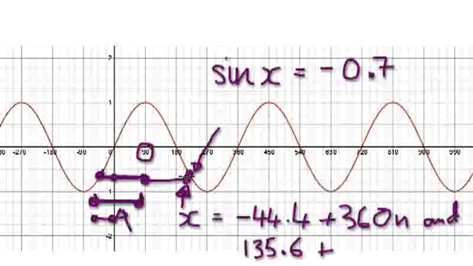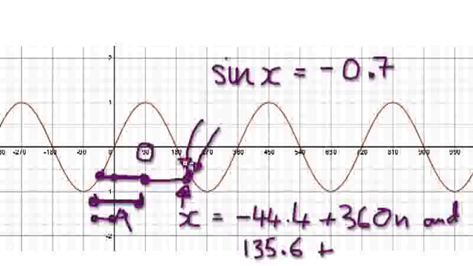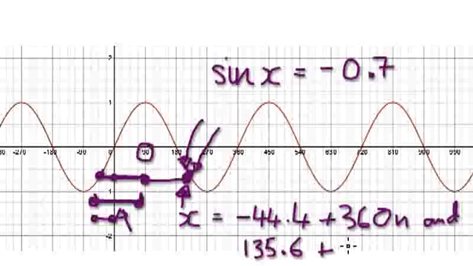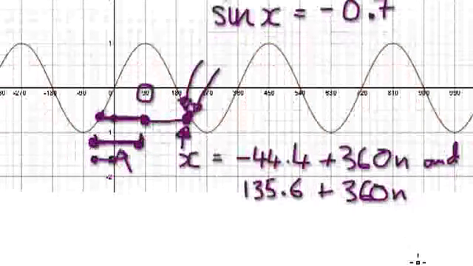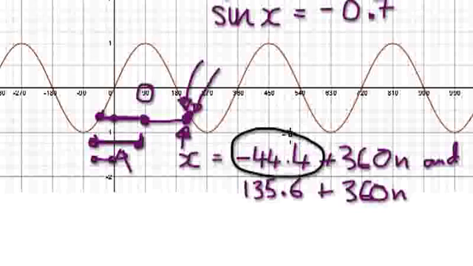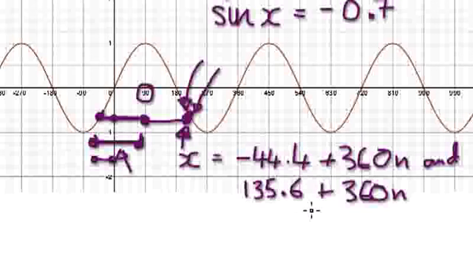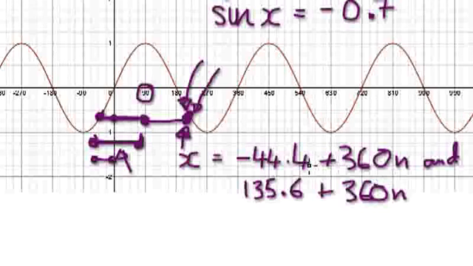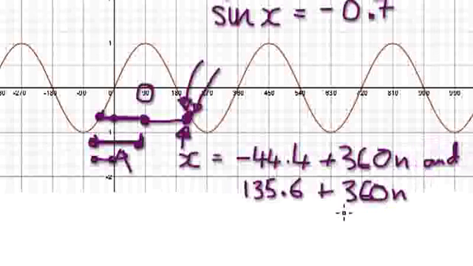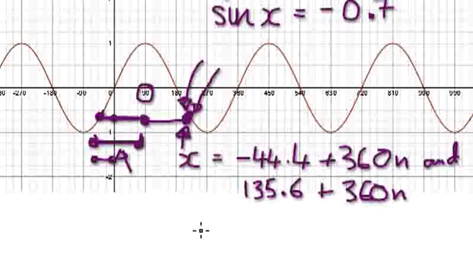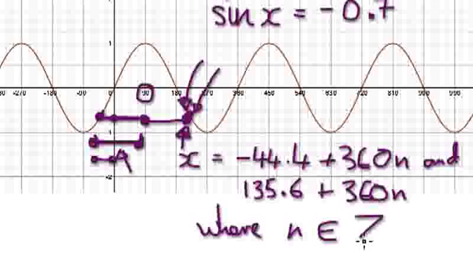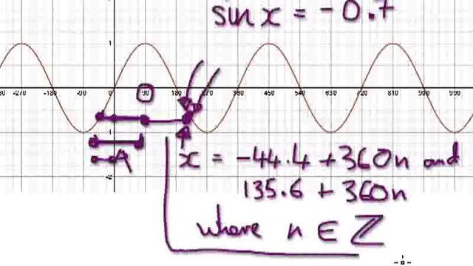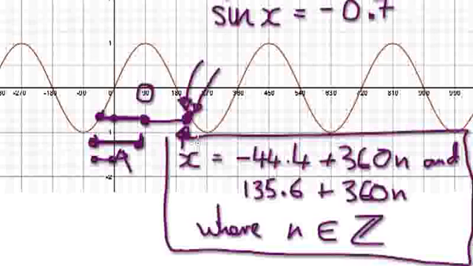I've identified this point, and then I just need to add multiples of 360. So this here is one set of solutions, and this here is another set of solutions, where n has to be an integer. So this here is our final set of solutions.